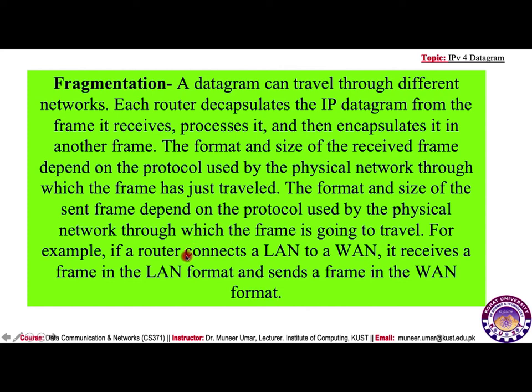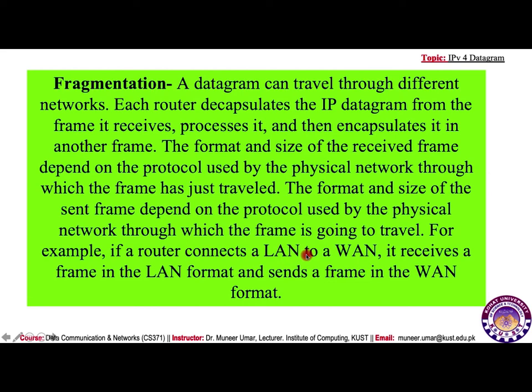For example, a router connects a LAN to a WAN. So it receives a frame in the LAN format and sends a frame in the WAN format. So this is obvious that the frame sizes of LAN and WAN would be different.